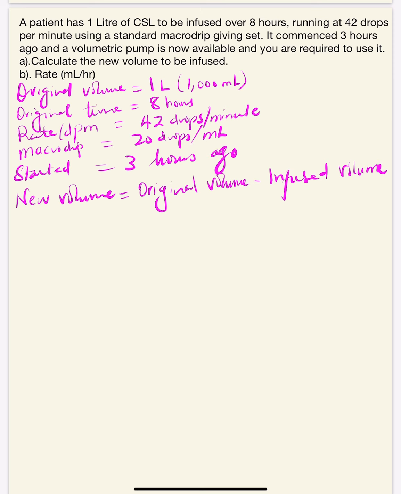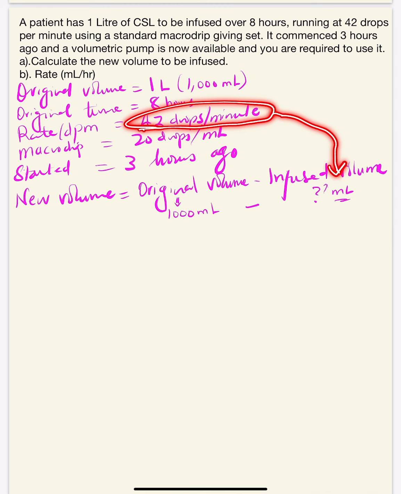One thing we are sure of is that the original volume is 1,000 milliliters, minus the infused volume. The infused volume we have to calculate, because we don't know it in milliliters. Yes, we know the drops being delivered is 42 drops per minute, but we need to convert that into milliliters.